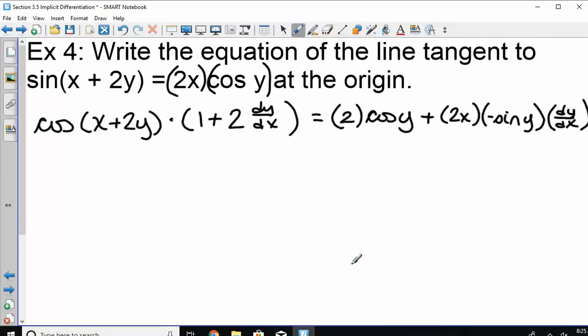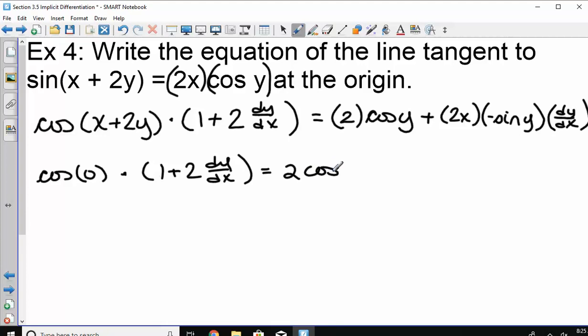Okay, so this is an example where you can see it got kind of ugly right away. But we have some options. We can solve for our dy dx here. I'm going to do this one the other way just to show you. Since I want the equation of the tangent line at the origin, you could just plug in your 0, 0 first. So if I did that, I would have the cosine of 0 times 1 plus 2 dy dx. This term, when I plug in a 0, what's going to happen to that term?